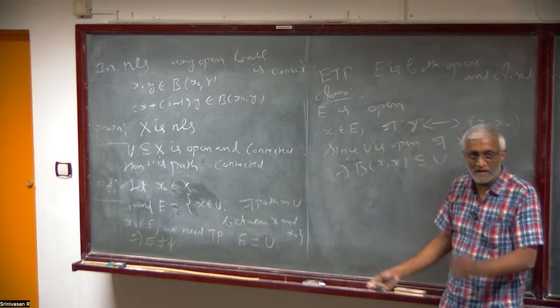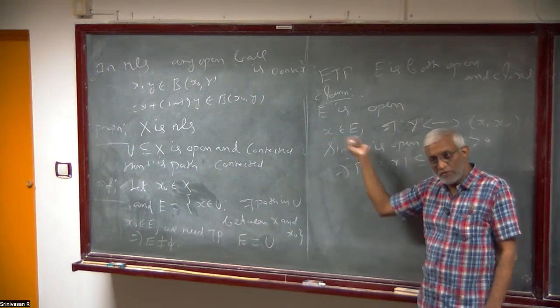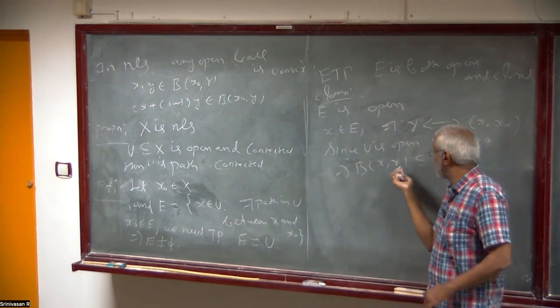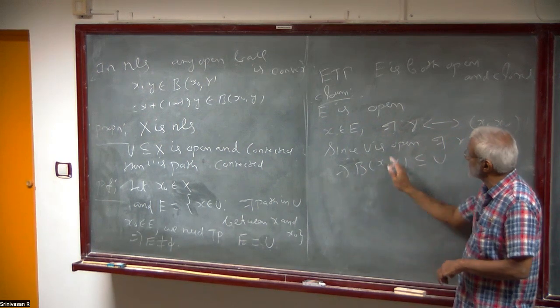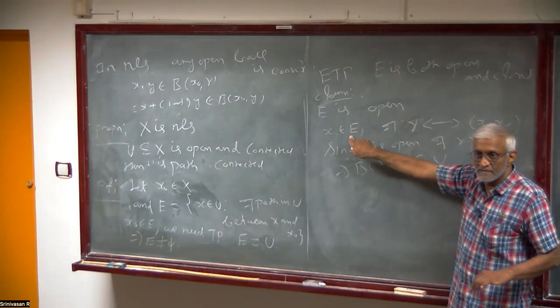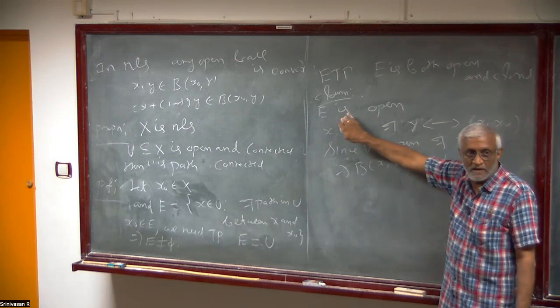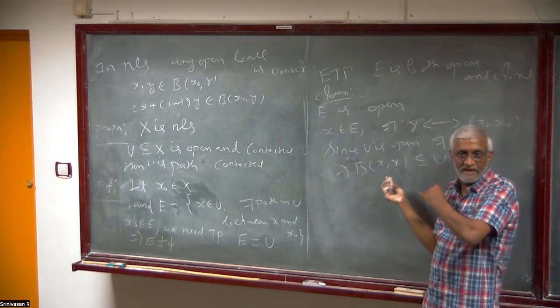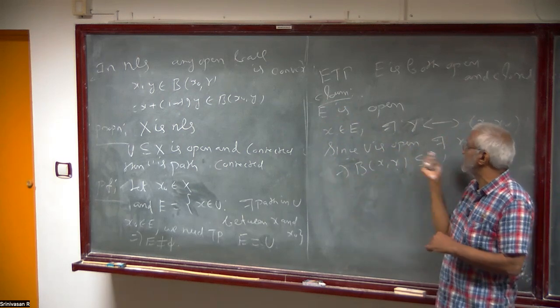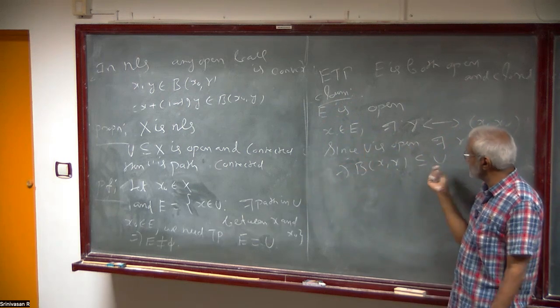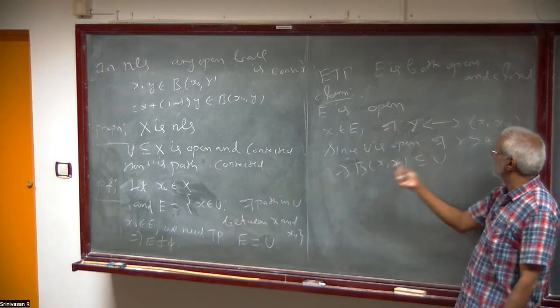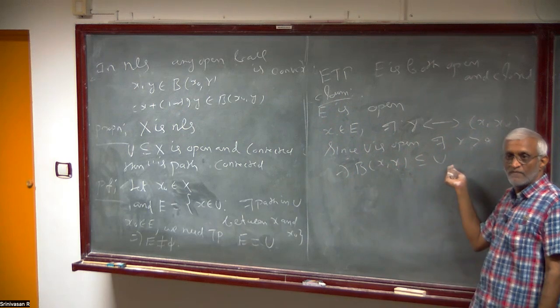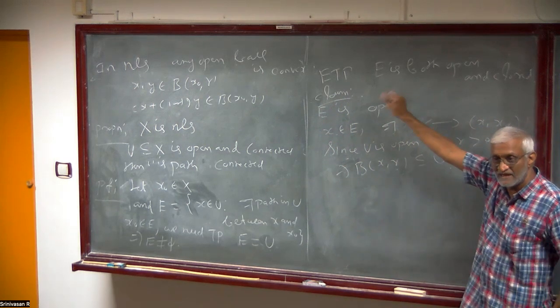To prove E is open, we have x in E. We have to find an r such that B(x, r) is contained in E. But since U is open, we have an r greater than 0 such that B(x, r) is contained in U. Now we want to prove actually this is contained in E.